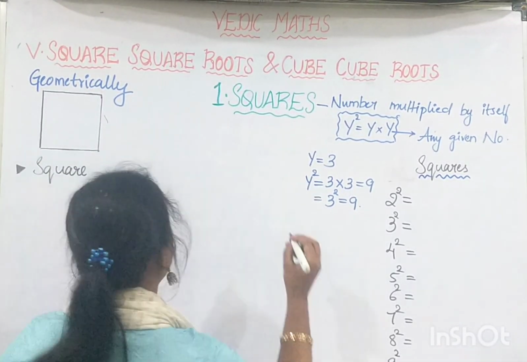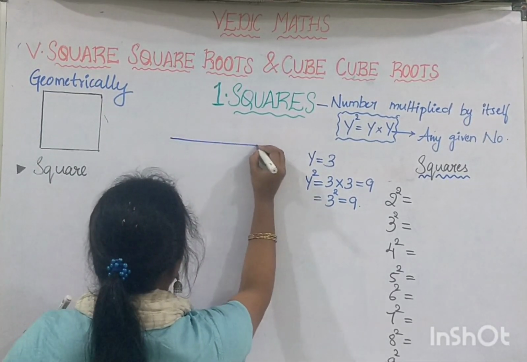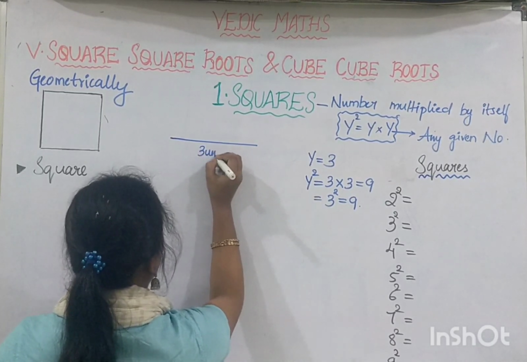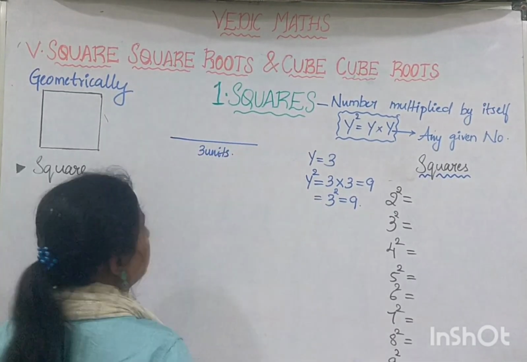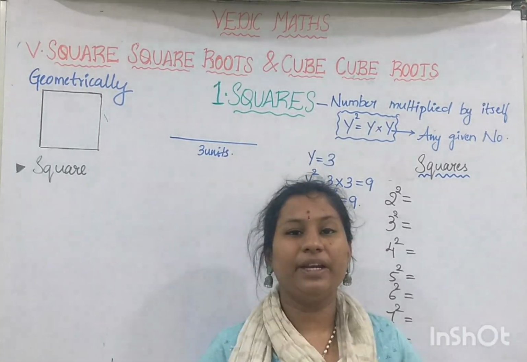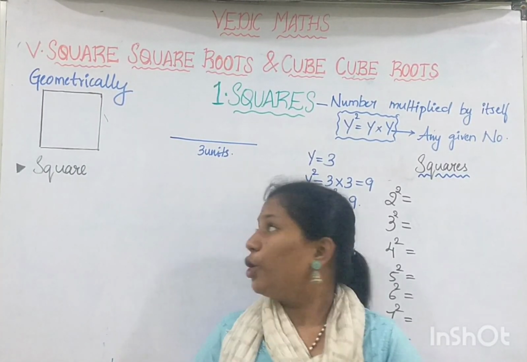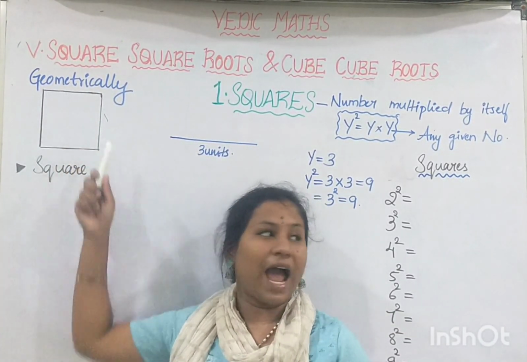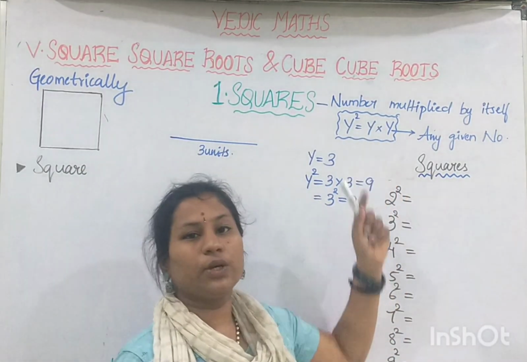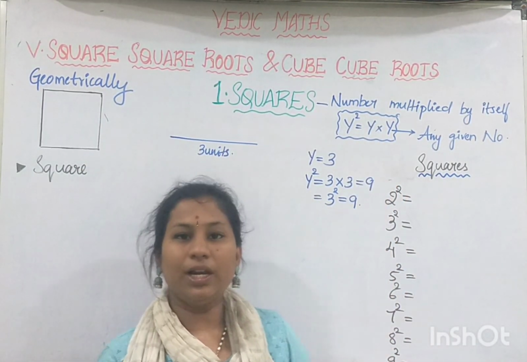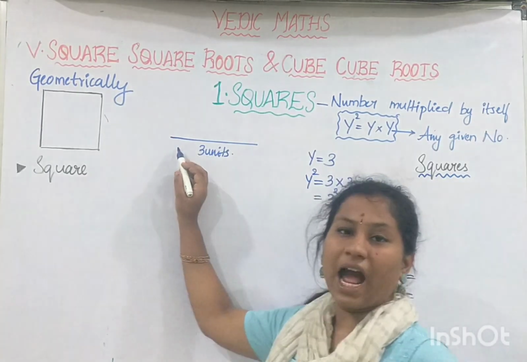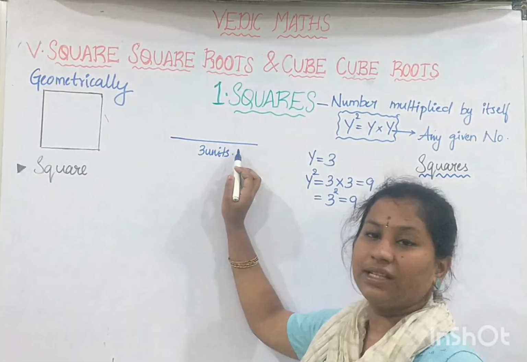Now let us take one line segment of 3 units. To form a geometric figure and to see whether y square is equal to y into y, let us see practically. I have taken the line segment as 3 units.